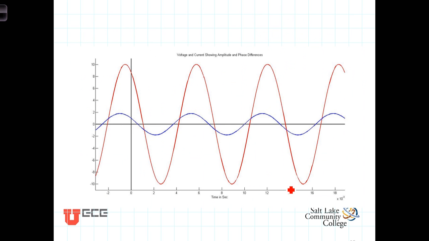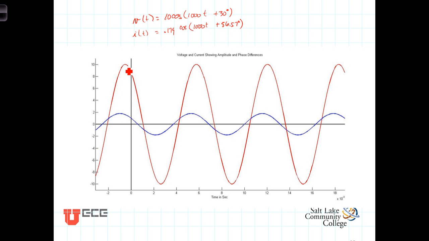Here are plots of those. The voltage in the red, v(t), is equal to 10 cosine of 1000t plus 30 degrees. i(t) we have now found to be equal to 0.179 cosine of 1000t plus 56.57 degrees.